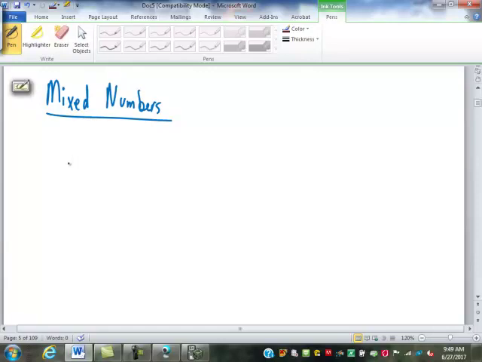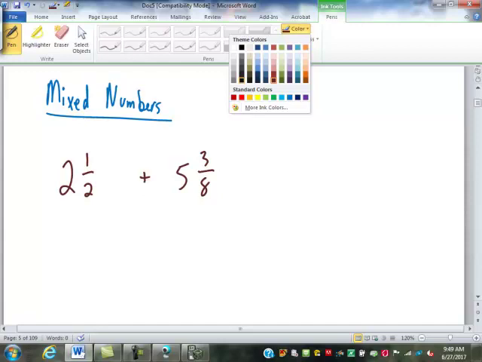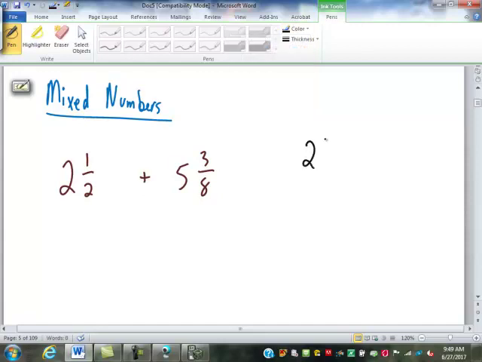So we're going to start out at the very beginning with addition. Something like 2 1/2 plus 5 3/8. Now, just like I did yesterday, I'm going to set up my addition vertically, just because that's how I think.